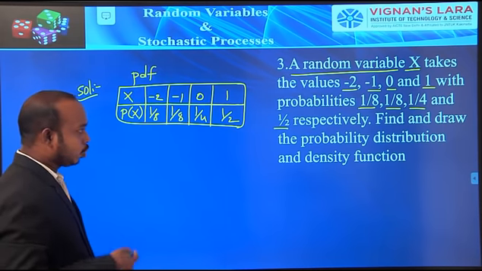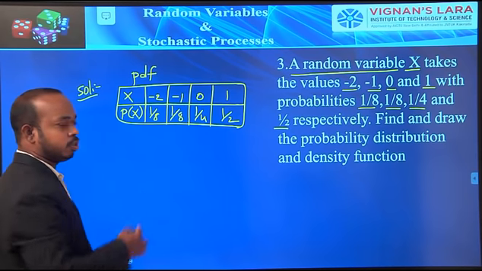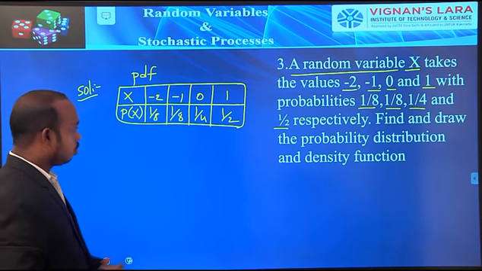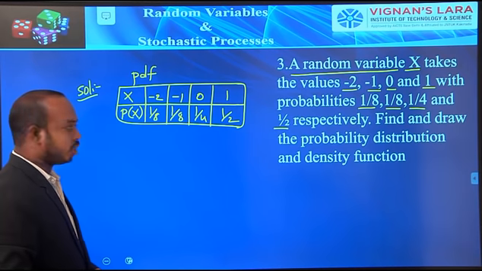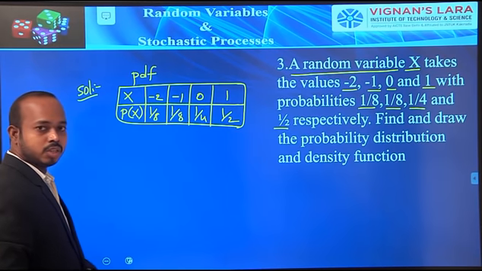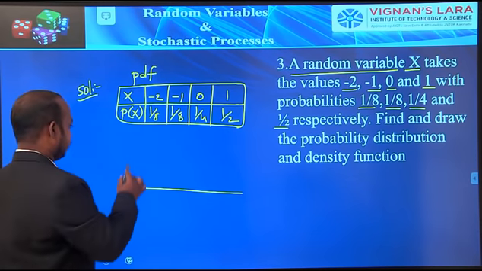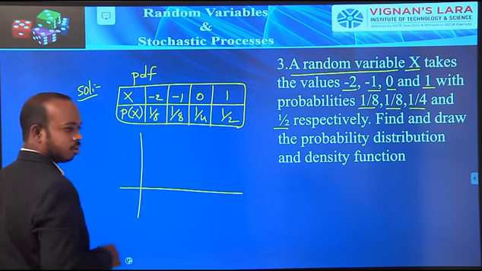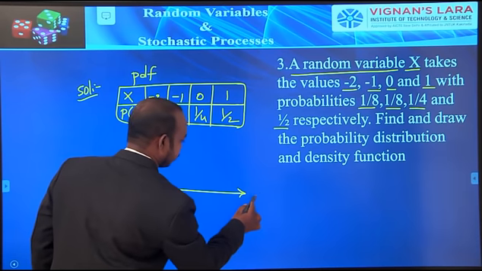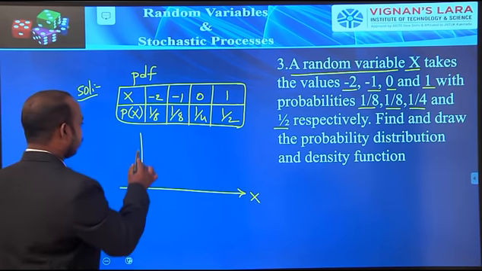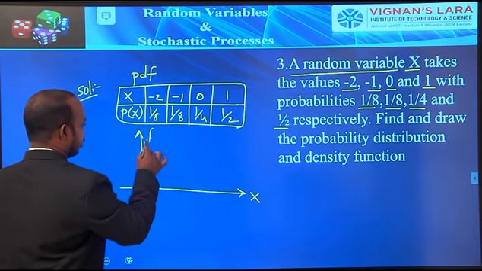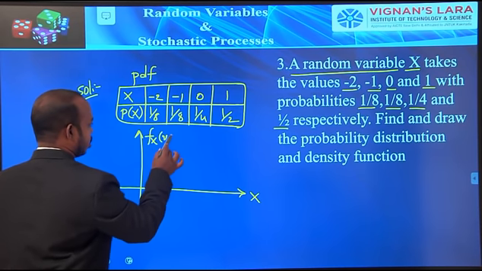Now we need to find the probability distribution. Before going to the probability distribution, we can plot this density function. Here I am plotting it. The x-axis is the random variable and the y-axis is the density function fX of x.